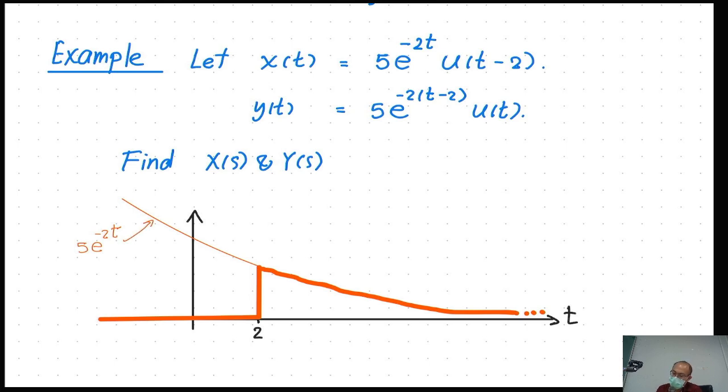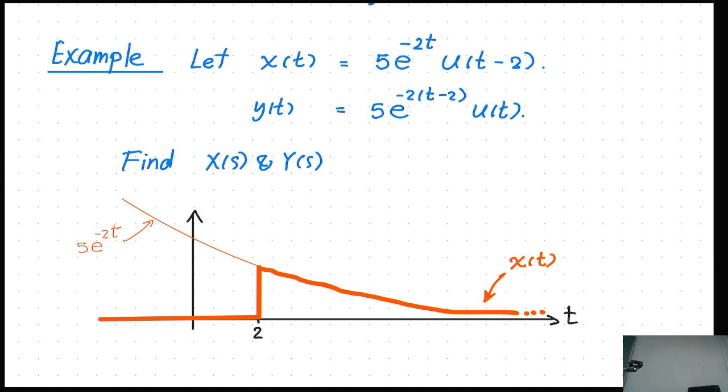Now what about y? For y, you have to draw this first. What is this thing? This is exponential 5 e to the negative 2t shifted to the right by 2 time units.